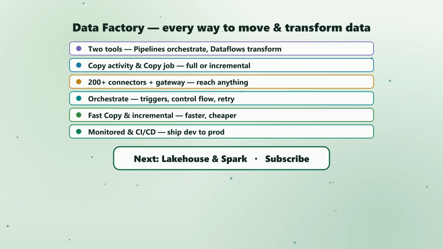Orchestration with triggers, branching, loops, and retries to make it all run on its own. Fast copy and incremental refresh to keep even huge loads fast and inexpensive. And monitoring plus CD to run the whole thing like production. Master Data Factory, and you can get any data into Fabric in the shape you want on the schedule you need, which is the foundation everything else is built on.